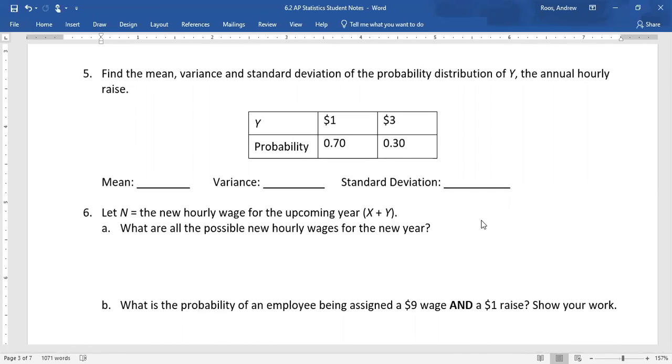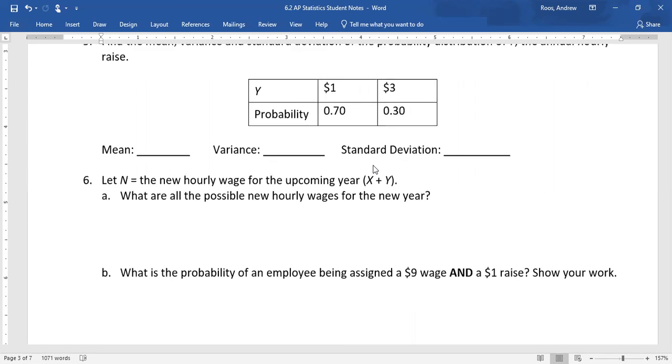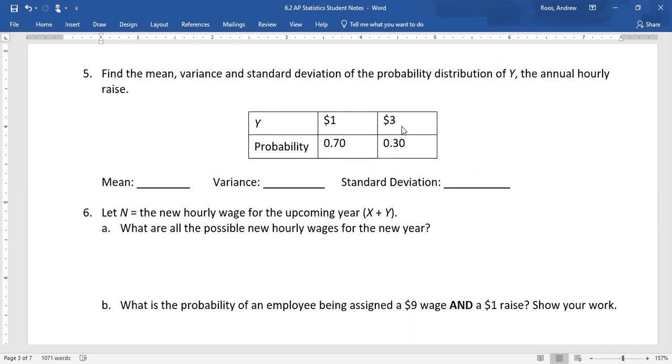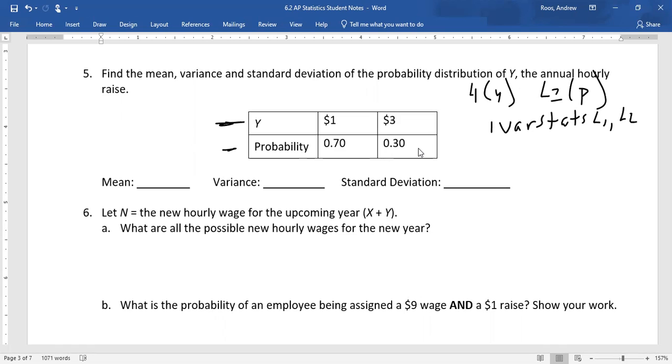All right. So in this next one, here is the distribution of Y with the corresponding probability. You could go through and calculate those by hand like we did previously, or you could enter the Y row into L1, enter the probability row into L2, and then do one var stats, L1 comma L2, or if yours brings up the frequency list, L2 would be your frequency.